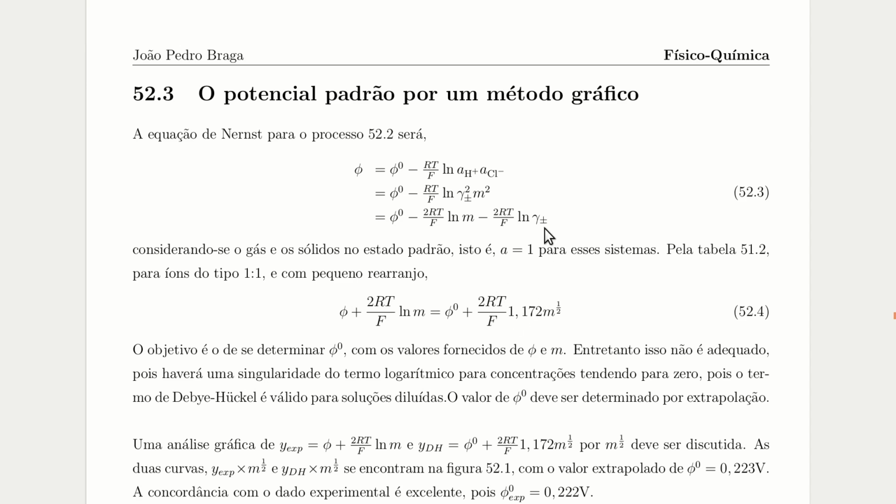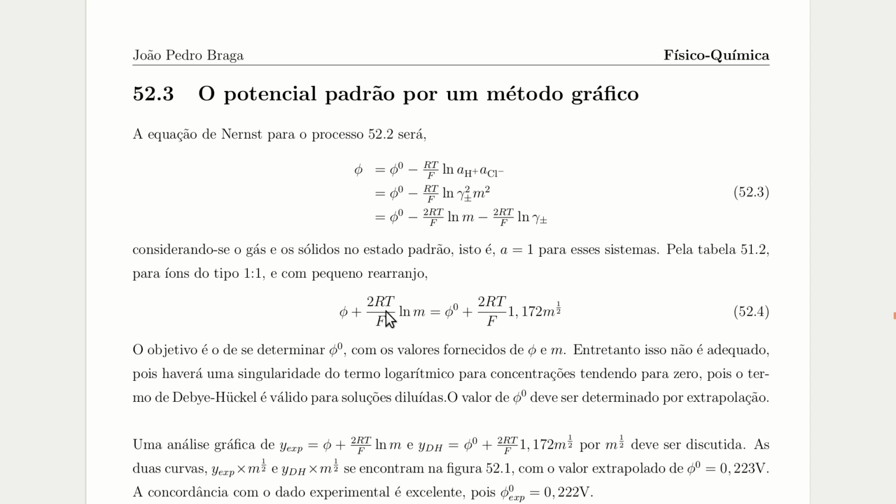I have used the Debye-Hückel approximation for gamma, since HCl is an electrolyte of the kind 1 by 1, 1.11.